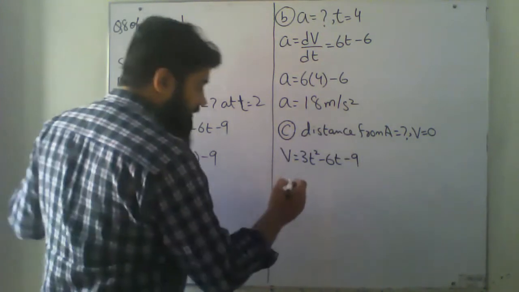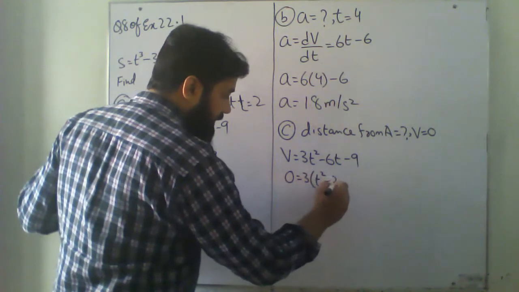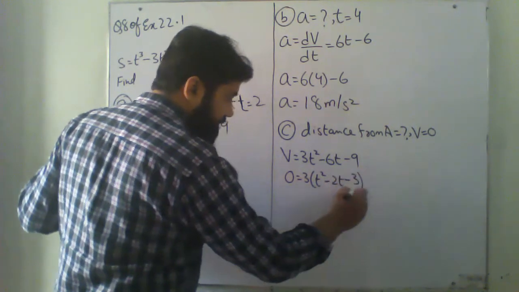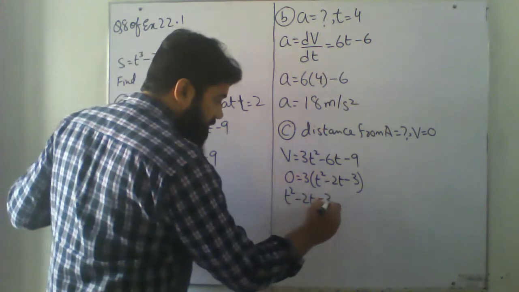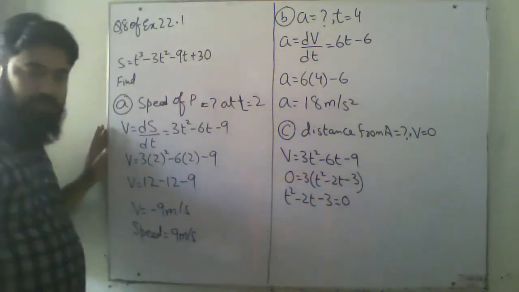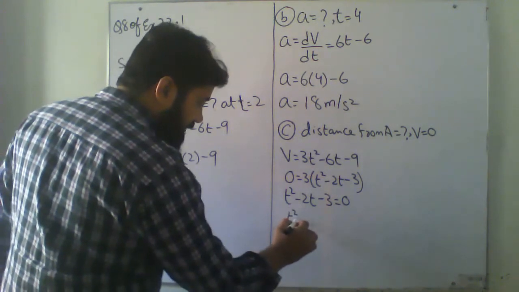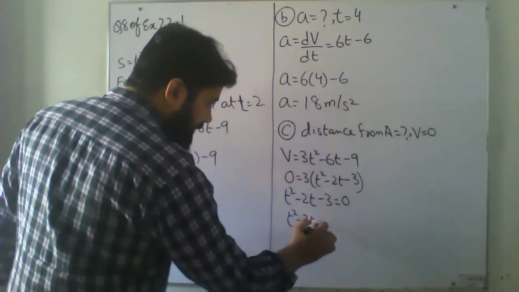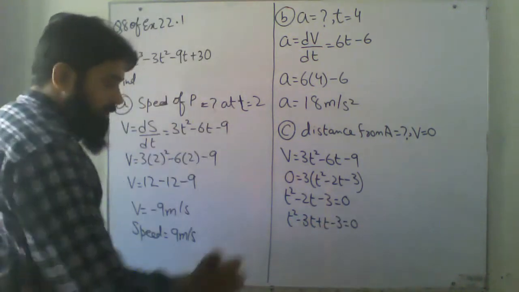Putting 0 over here, 0 equals 3t square minus 6t minus 9, so this will become t square minus 2t minus 3 equals 0. Simplifying it, t square minus 3t plus t minus 3 equals 0.